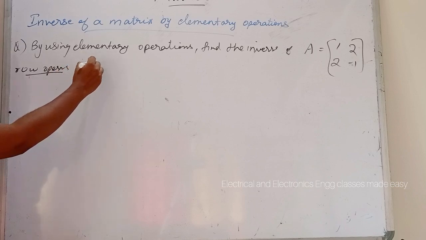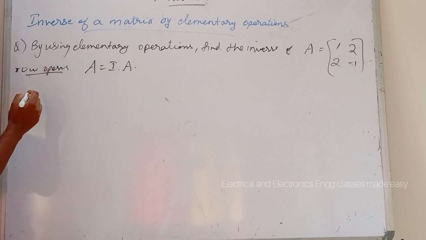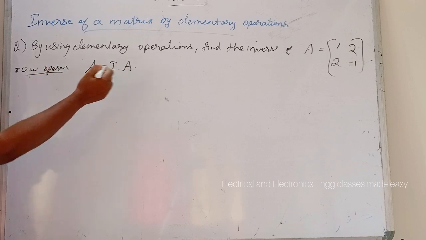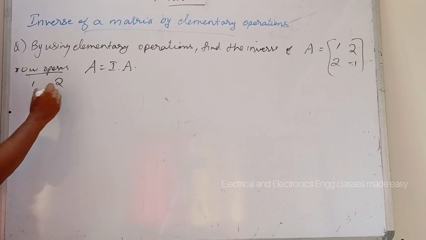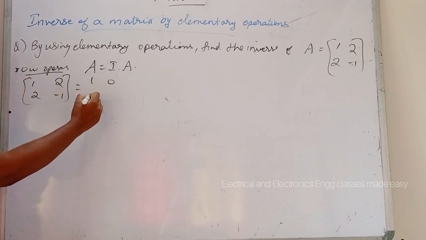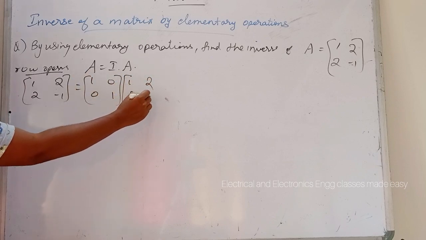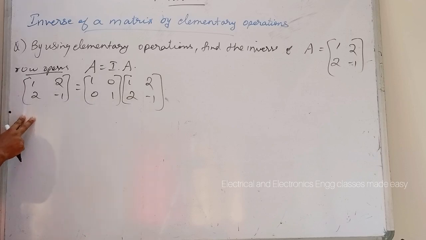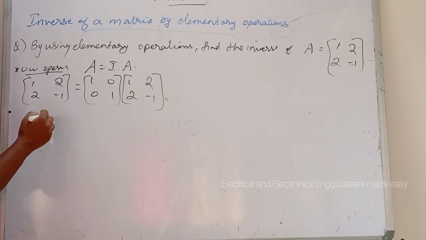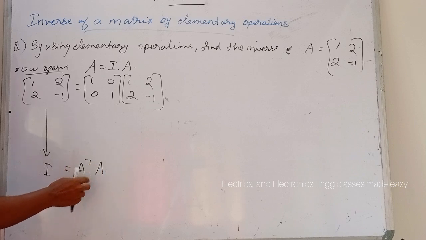For that we have to write A is equal to I into A. So write the values of A and I here. [1, 2; 2, -1] equal to I, which is [1, 0; 0, 1], into A, [1, 2; 2, -1]. Now here we have to apply the elementary row operations. So here after applying the elementary operation, we have to get I is equal to A inverse into A.